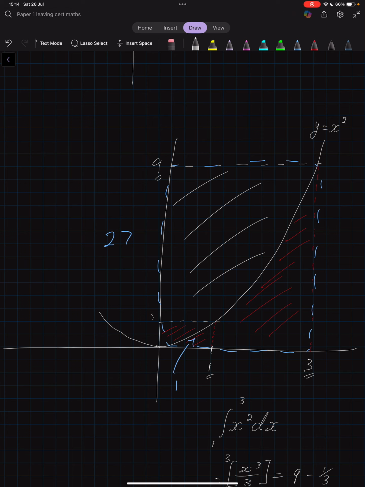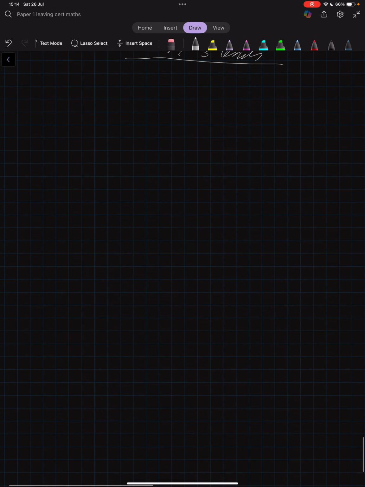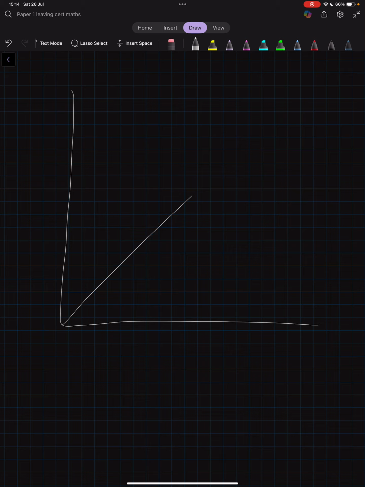Another one, yes, this one is when you have two separate ones. So here we have this. You have the straight line y equals x.